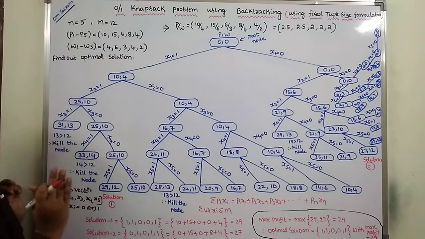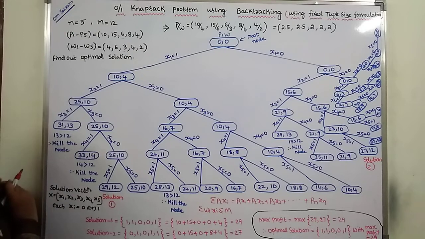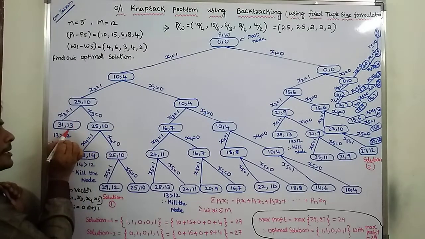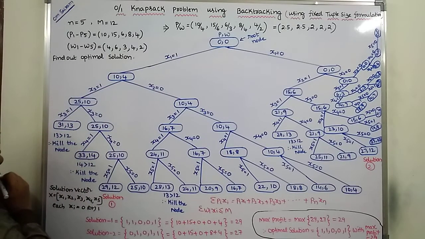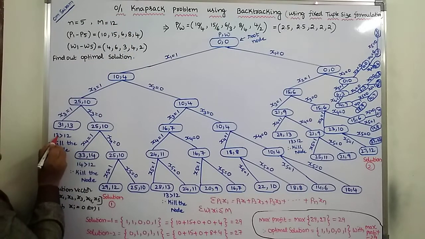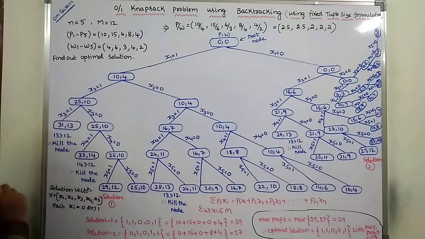Whenever the weight of the objects we have considered is greater than the capacity of the knapsack, we have to invoke the bounding function. Then we have to kill that node. After considering the three objects, the weight is 13, which is the sum of the weights of the objects considered, and the capacity of the knapsack is 12.